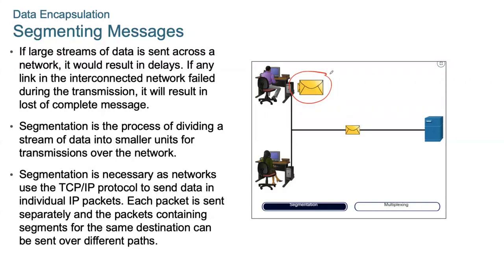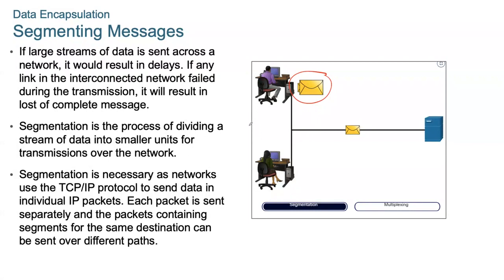So this concept gives us that by sending manageable pieces over the network, segmentation is the process of dividing the stream of data into smaller units for transmission over the network.